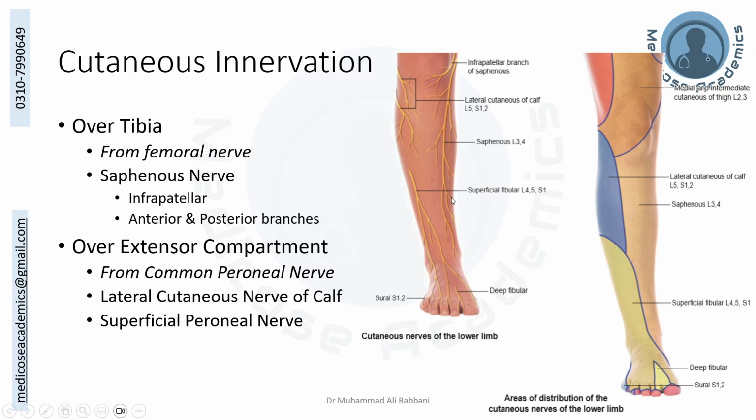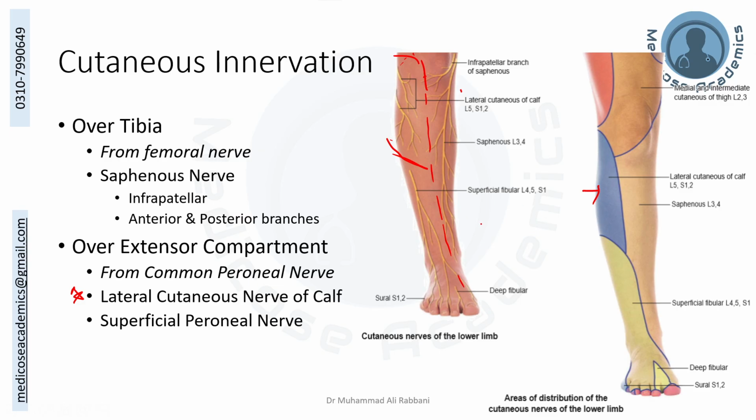On the lateral aspect, this whole area is supplied by the common peroneal nerve. It is further divided into two parts. The part shown in blue is supplied by the lateral cutaneous nerve of the calf, a branch of the common peroneal nerve that separates in the popliteal fossa.